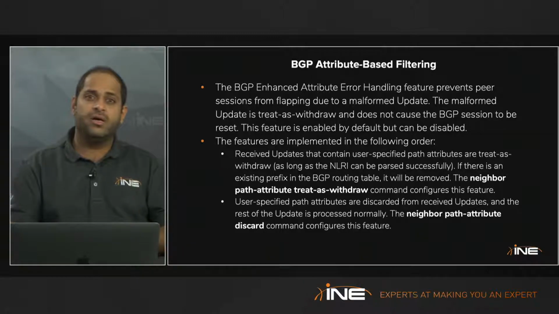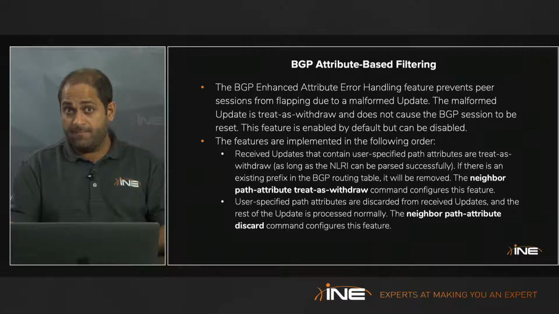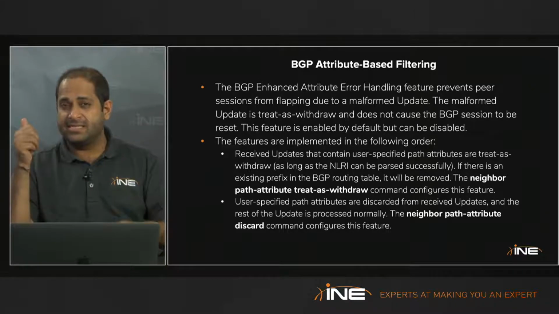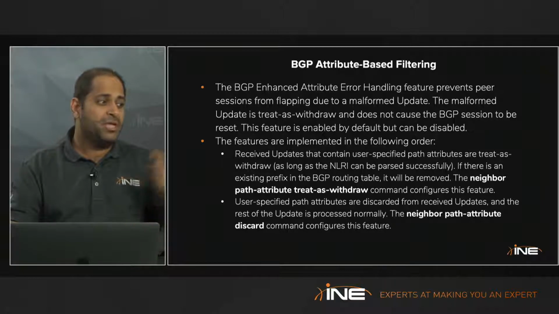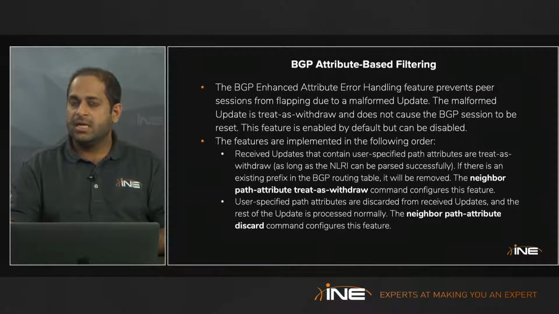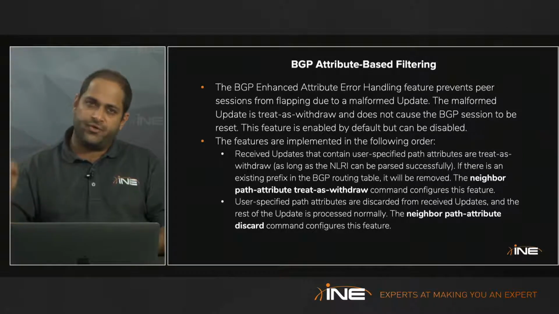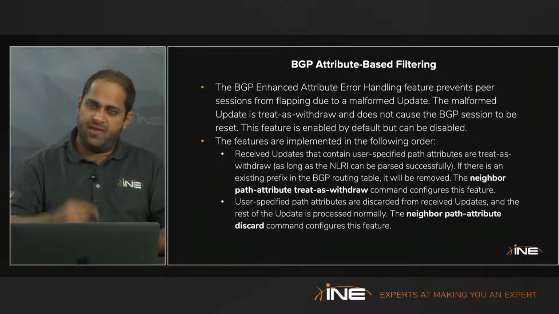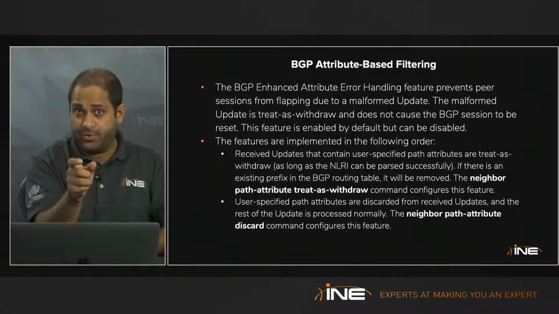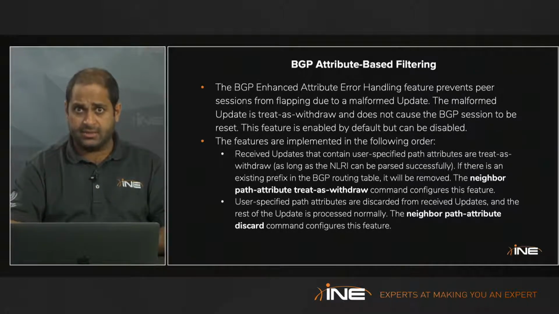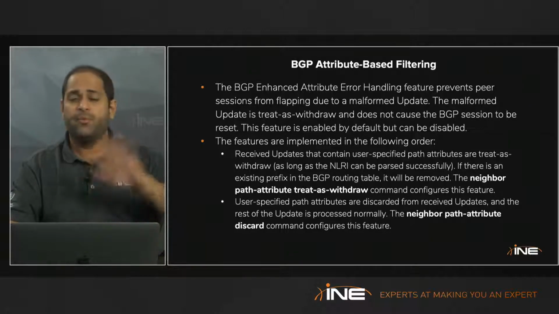I would configure BGP attribute-based filtering with the value set as 6, which is atomic aggregate, and put the action as treat-as-withdraw. When you configure it as treat-as-withdraw, it basically means that if any update is received with the respective attribute, which is let's say attribute number 6, then I would not accept that update.